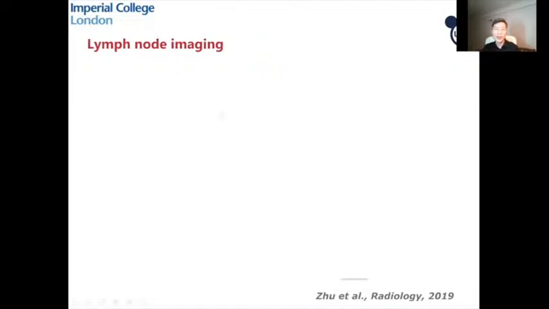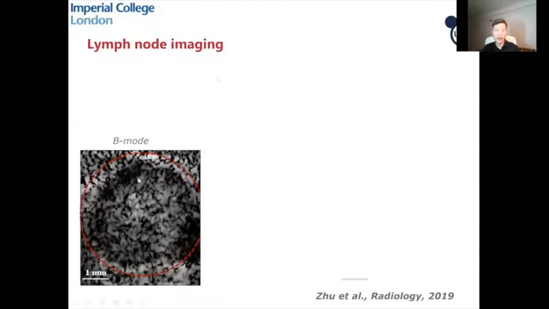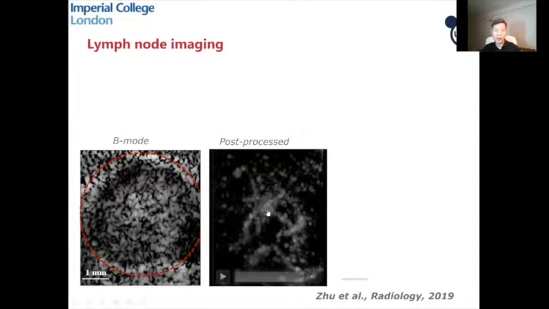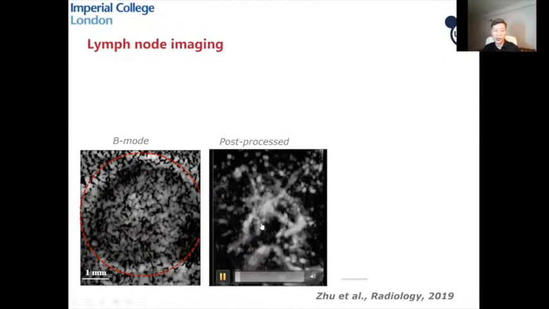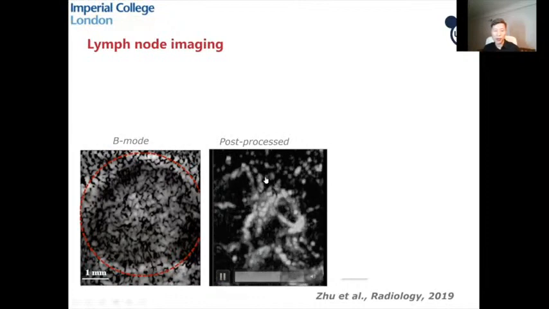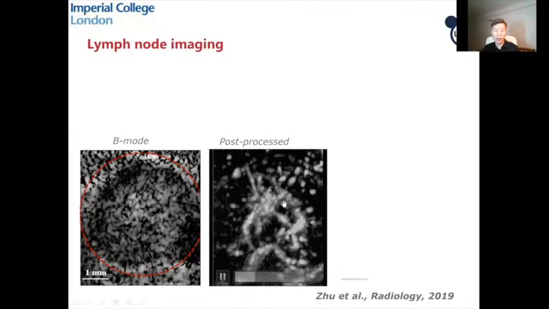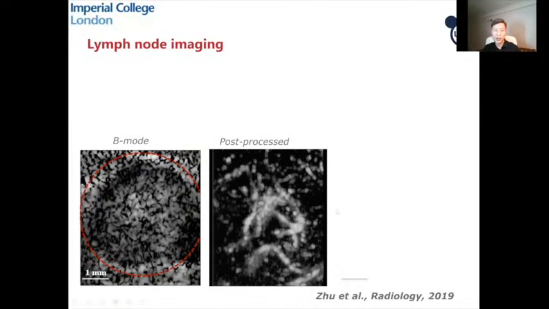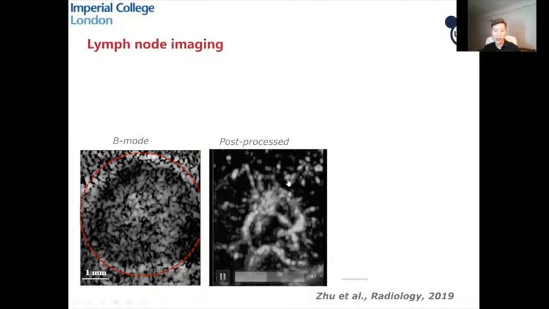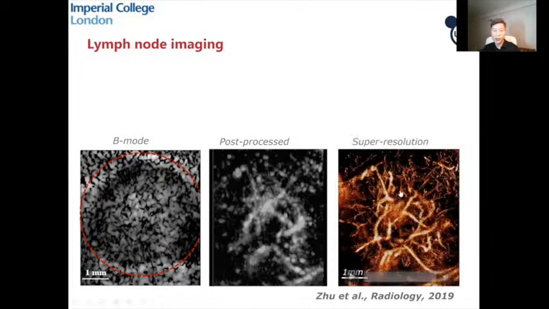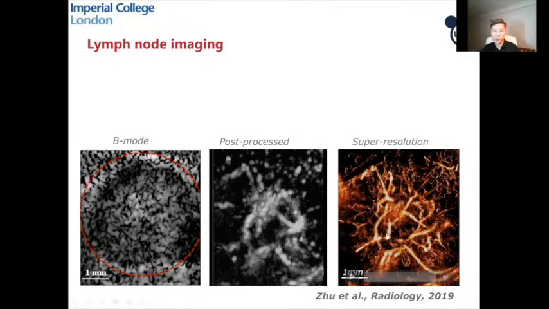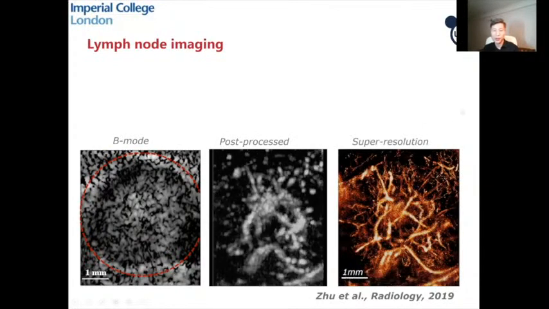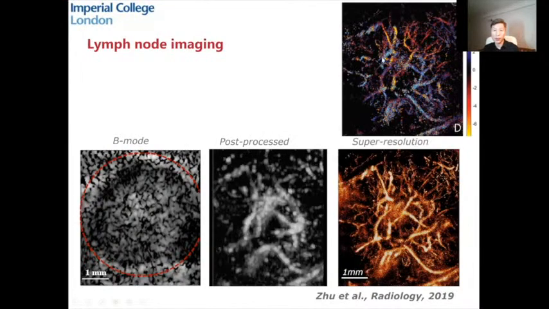This is another work we have done recently. This is a rabbit lymph node. It's quite small, roughly 4 millimeters in diameter. This is a B-mode image, and this is a contrast image where you can see the microbubbles moving around in the microvasculature of the lymph node. By localizing and accumulating this localization over time, you can generate a super resolution image of the lymph node microvasculature and also super resolved velocity maps.